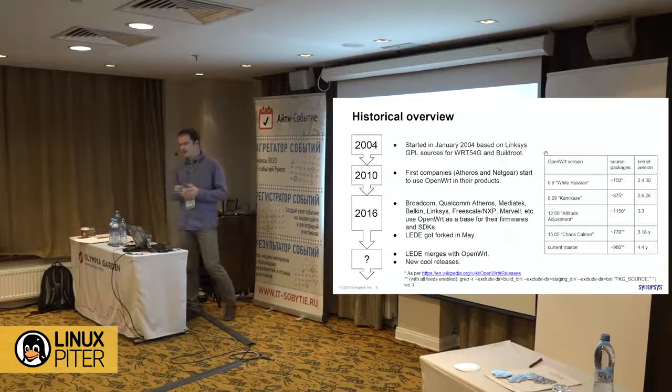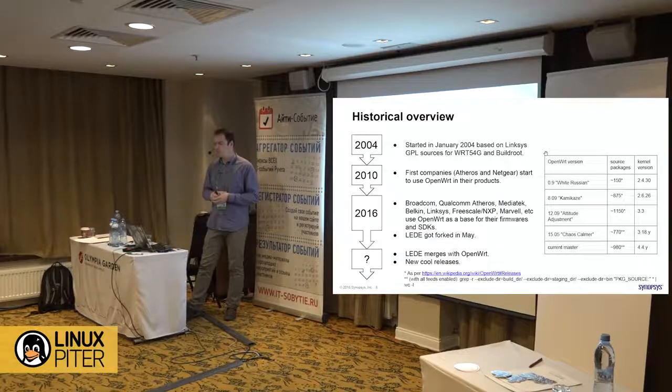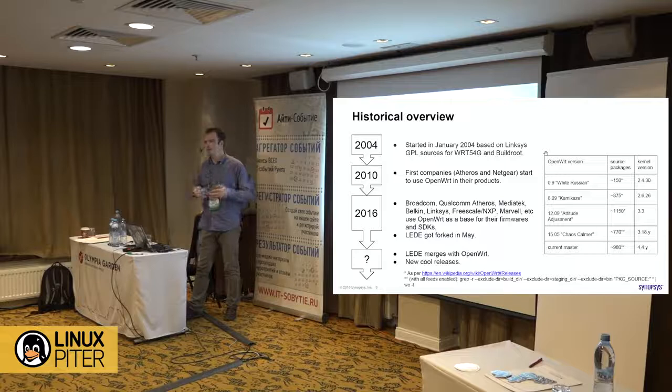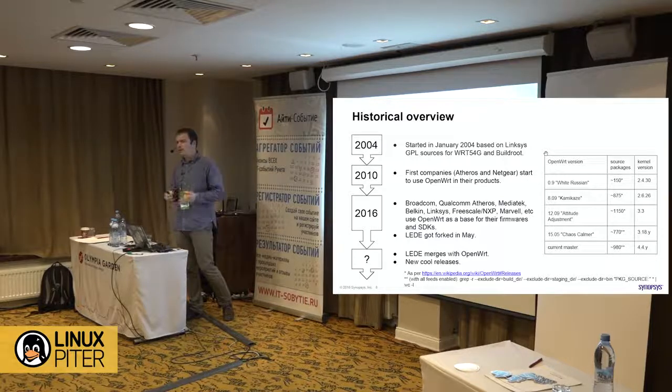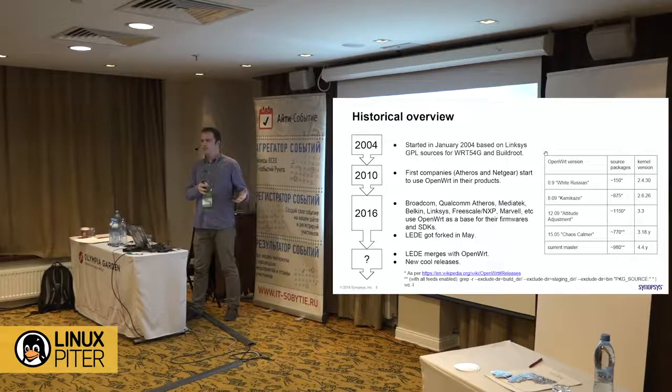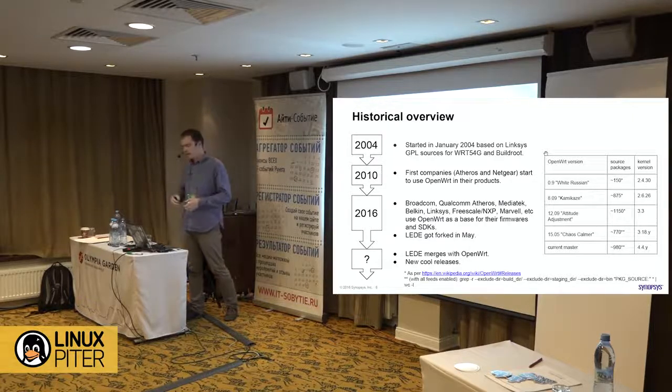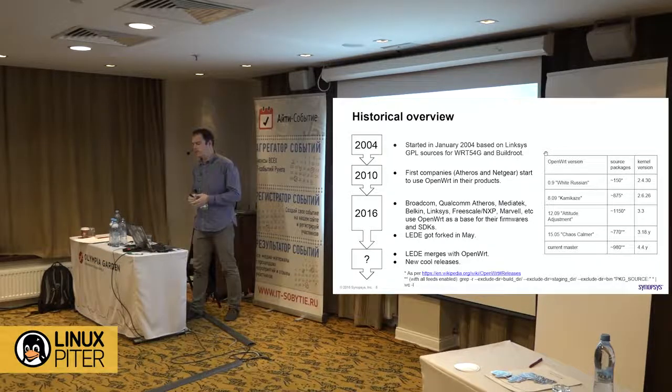Finally, after some discussion, sources were disclosed, and people started to hack on that, making it better and adding new packages. They took the then-existing Buildroot build system and started to add support for more hardware and more different packages. And they continued to do that for a couple of years.